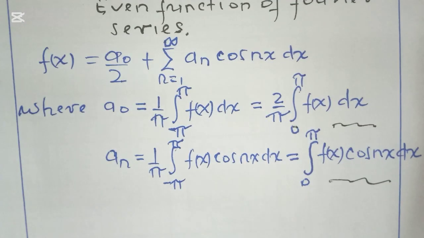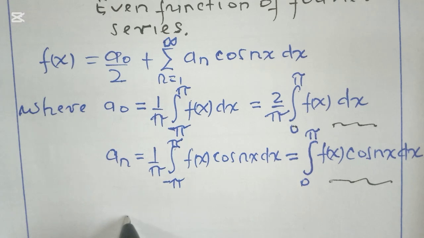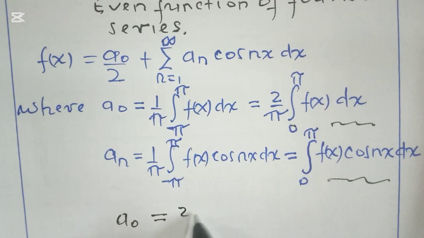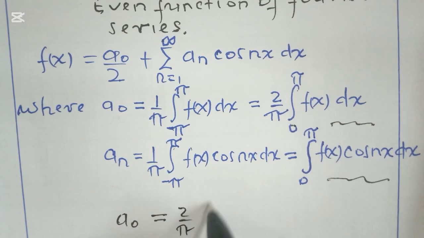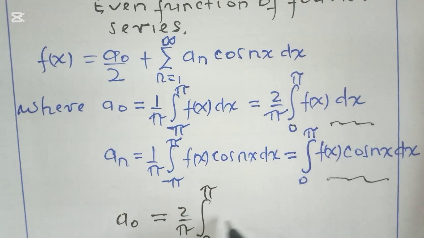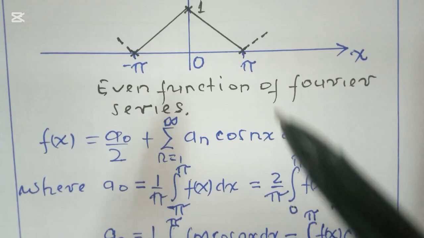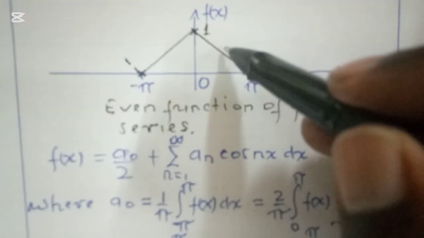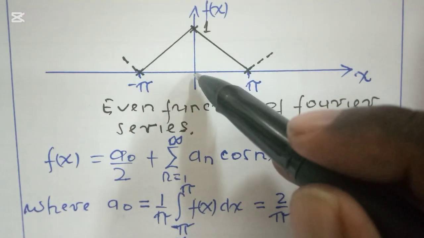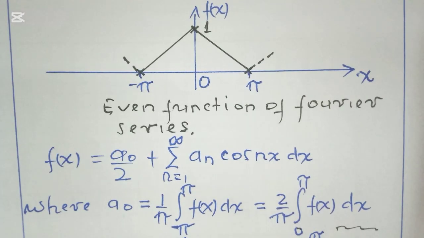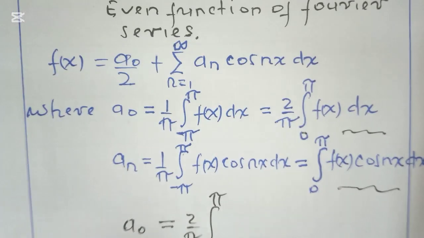So let's go. a subscript 0 is equal to, I use this equation, 2 all over pi, 0 to pi, of f(x), which is 1 minus x all over pi.